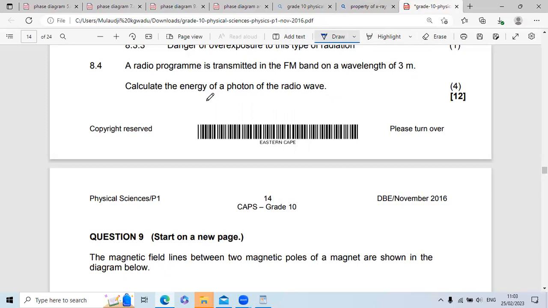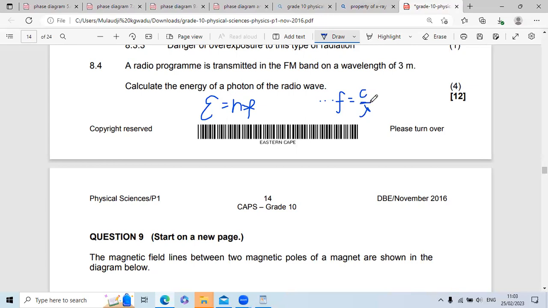You know that energy is equal to Planck's constant multiplied by the frequency. And from our previous question, you know that frequency is equal to c divided by the wavelength.